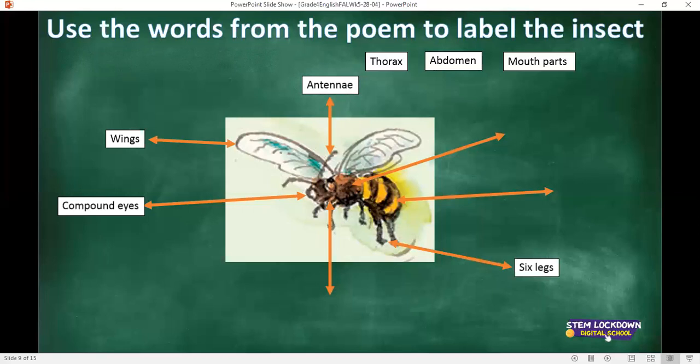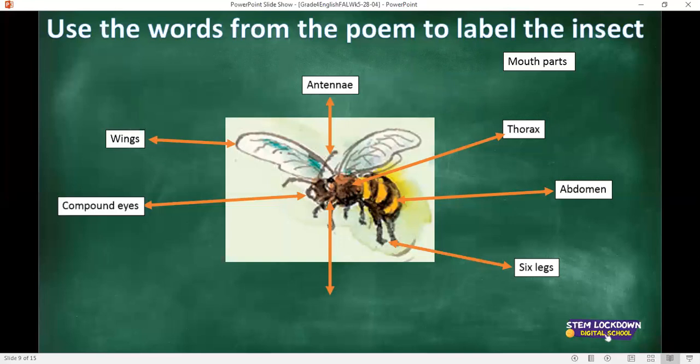Now I want to see if you know where the difference is between the thorax and the abdomen. The thorax is the top of his body, where his head joins to. And then his abdomen, remember that's where his food digests, just like your abdomen, it's your stomach.